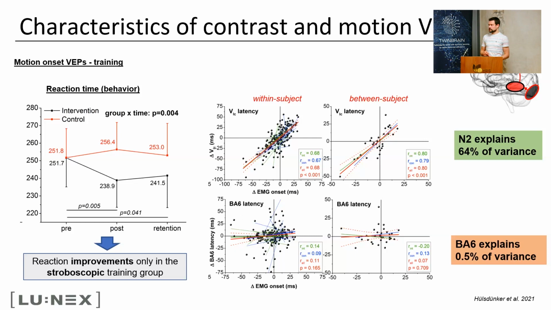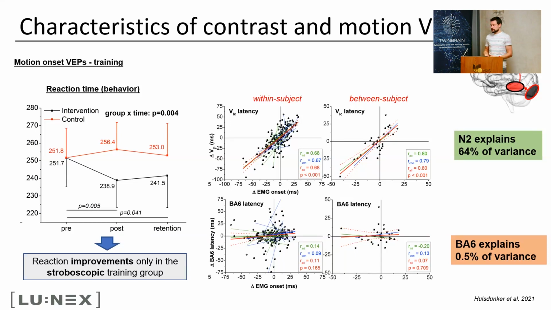And even in the retention test, it was still significant. Okay, so even after 6 weeks, it seems that you do not immediately return to baseline. But the more important part was then to correlate this with, and here we are just focusing on the latencies, the latencies of the visual evoked potentials, again, with these circles that are moving in and out.